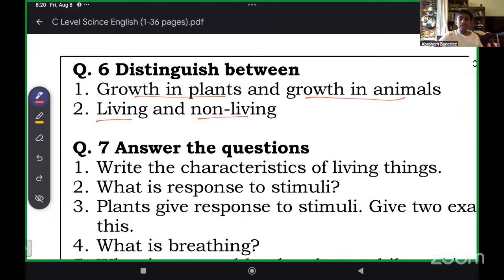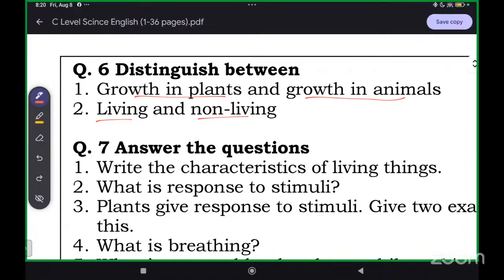Ma'am, you cannot say, because it varies. In plants, you're not giving a certain thing. In animals, you're talking about humans, right? Yes, they may talk about other animals too.